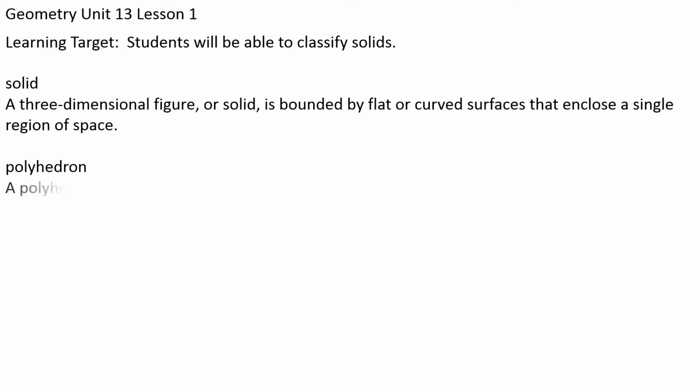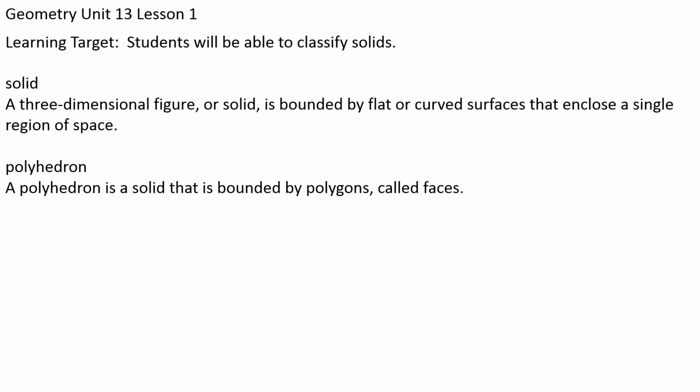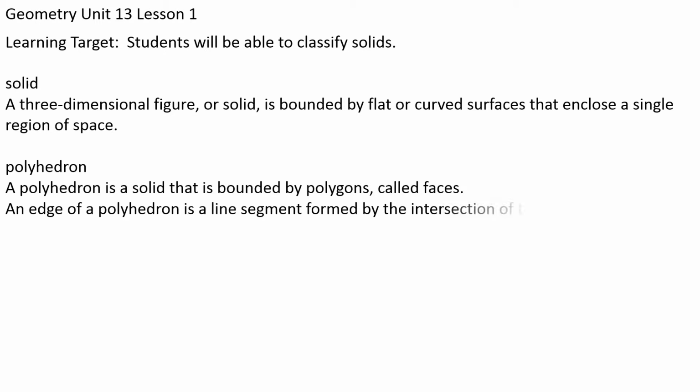Polyhedron. Right? Every side on a polyhedron is going to be a polygon. So again, I think of a shoebox or a cardboard box. Of course, we got each side, which we'll call a face. The faces meet at an edge.